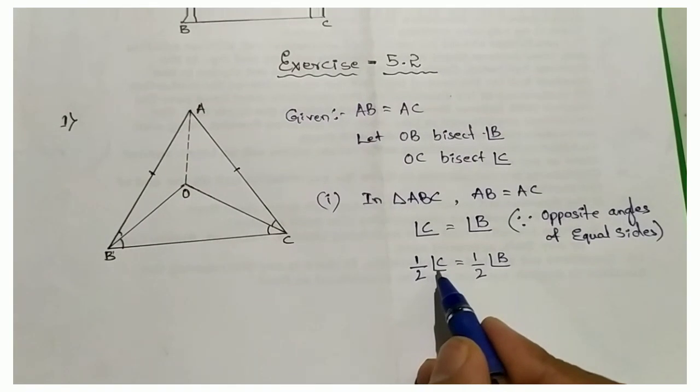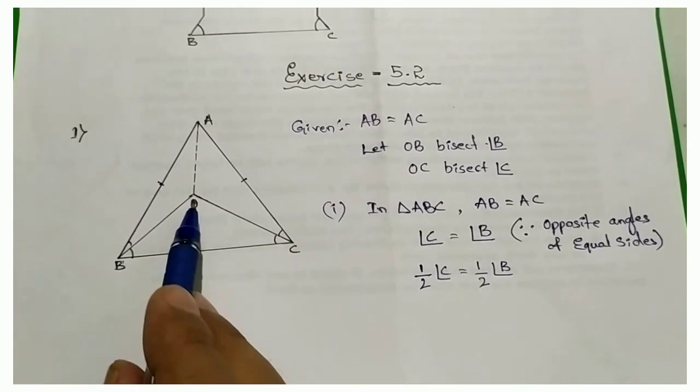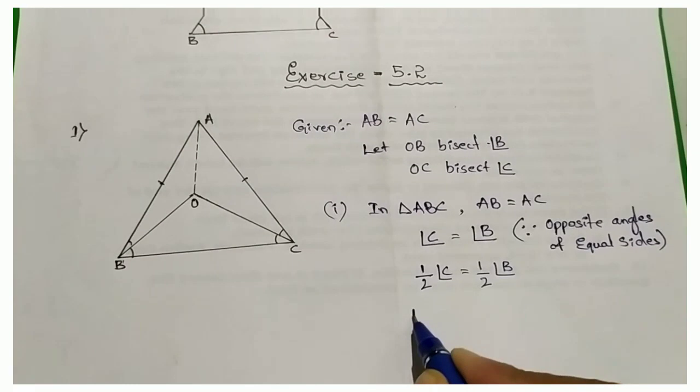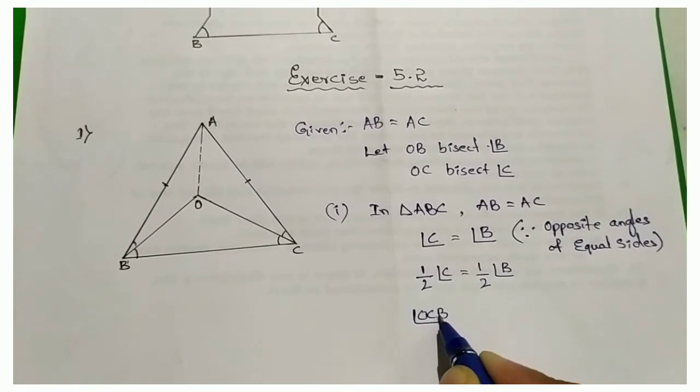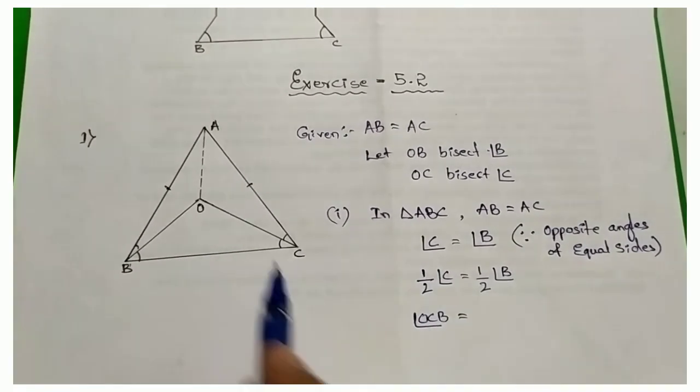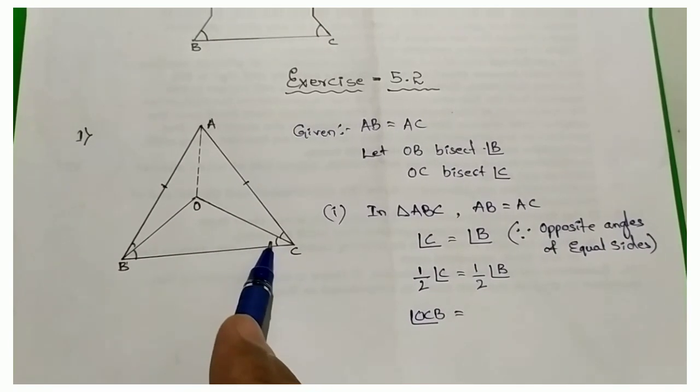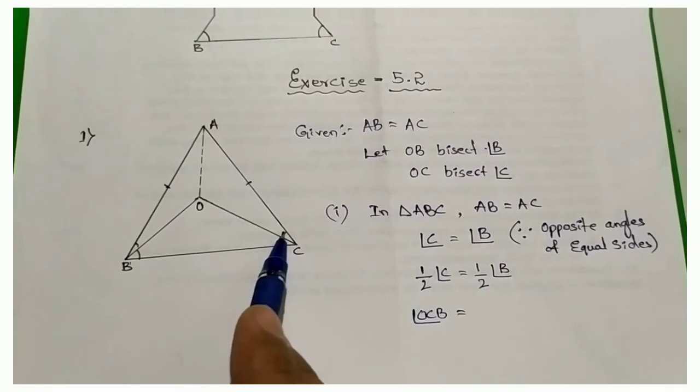Half of angle C means angle OCB. Why am I taking OCB? Because OC is bisecting, and bisecting means making into equal parts. Here half, here half.